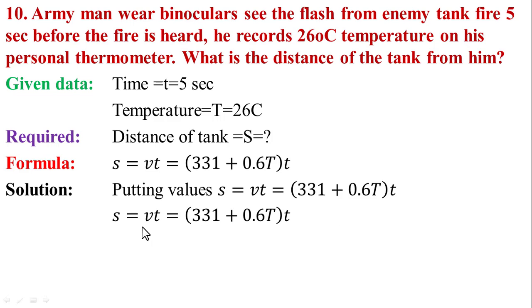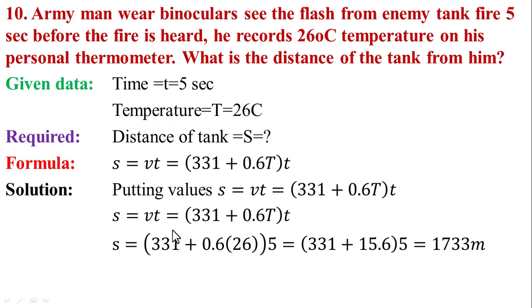Putting the values, S is equal to 331 plus 0.6 multiplied by 26, multiplied by time 5 seconds. So 0.6 multiplied by 26 is equal to 15.6.